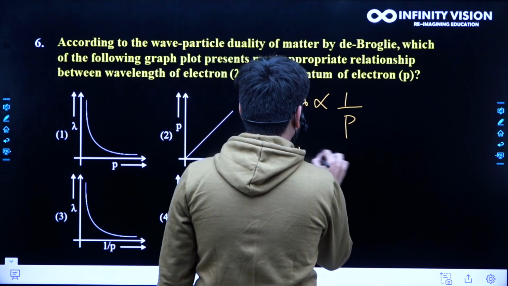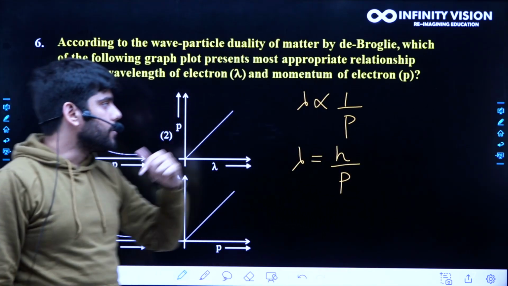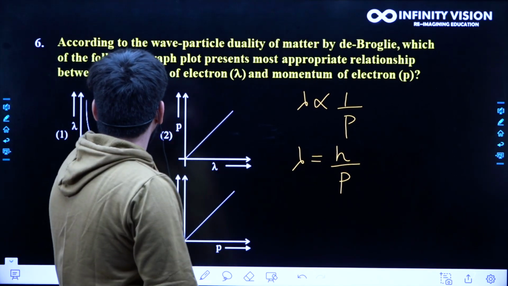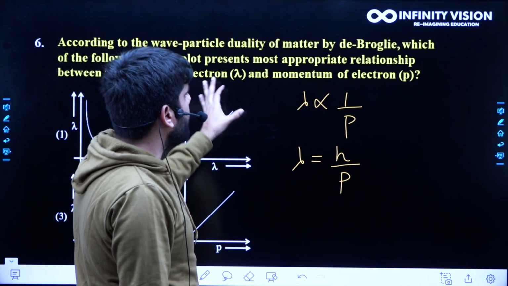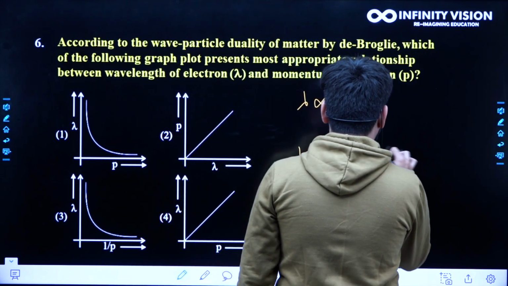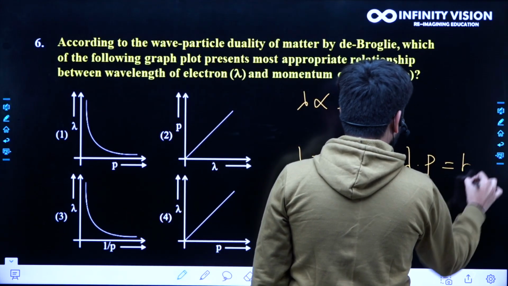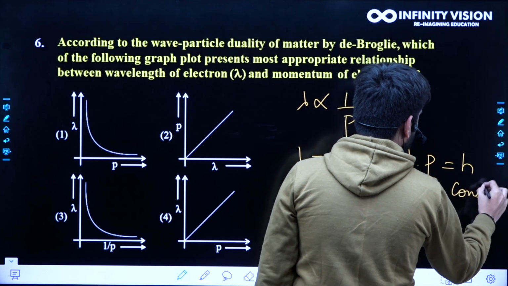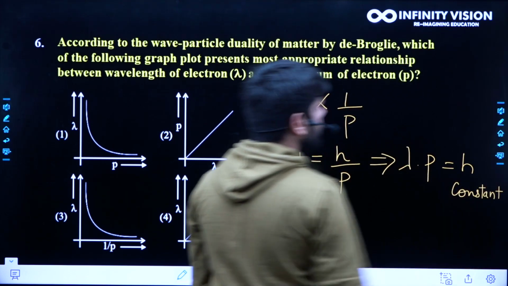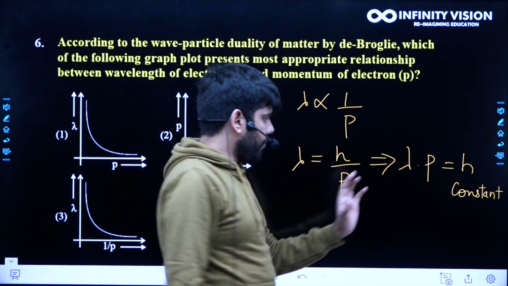And in order to remove this proportionality sign, we write h upon p, where h is Planck's constant. Now they are asking you the relationship between lambda and p in terms of a graph. So I can write lambda into momentum, that is h, or that is constant. It is similar to PV is equal to constant type of equation.